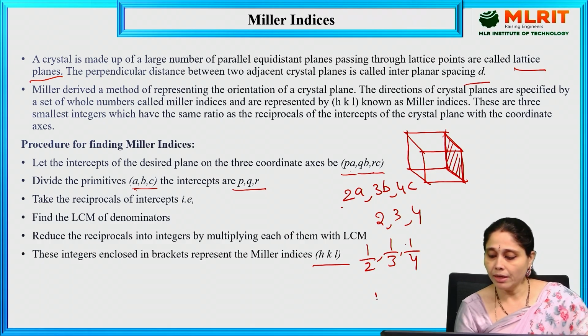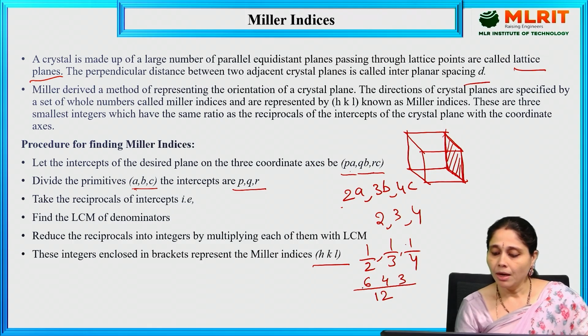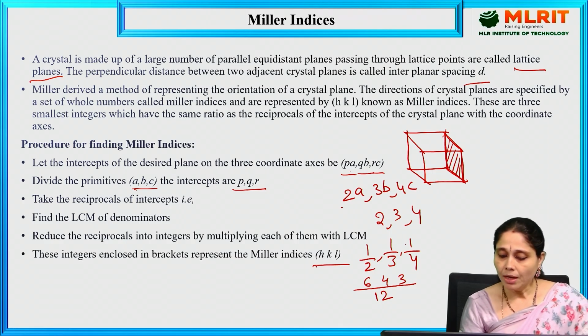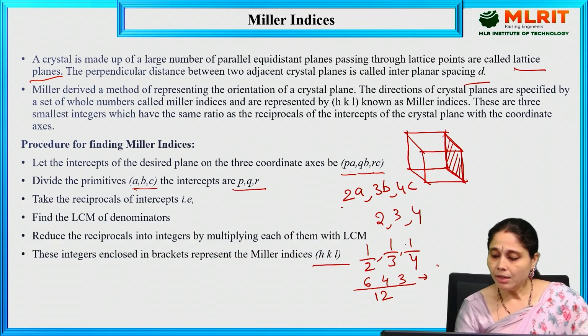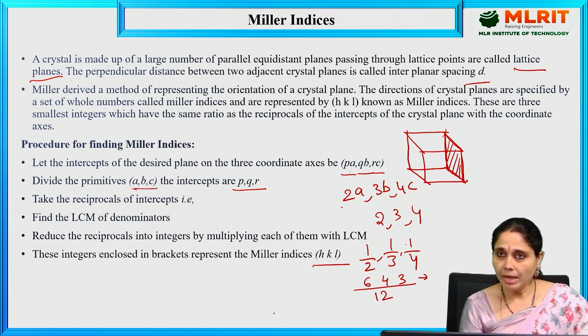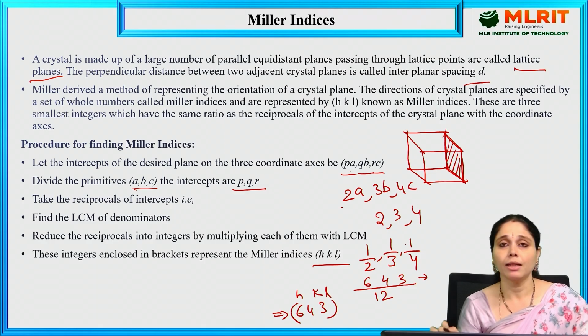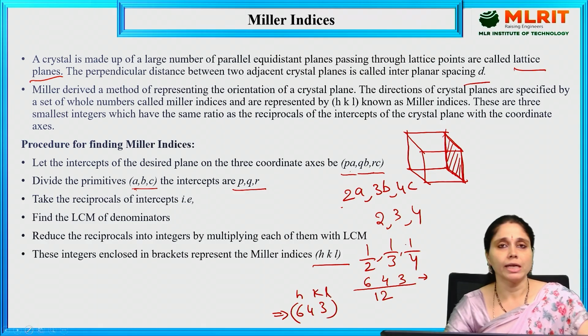For 2, 3, 4, it will be 12. 2 sixes are 12, 3 fours are 12, 4 threes are 12. So for 2, 3, 4, the Miller indices will be 6, 4 and 3. This is HKL, the representation of Miller indices.